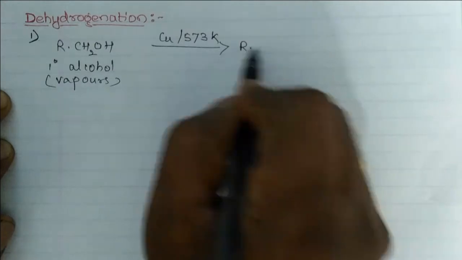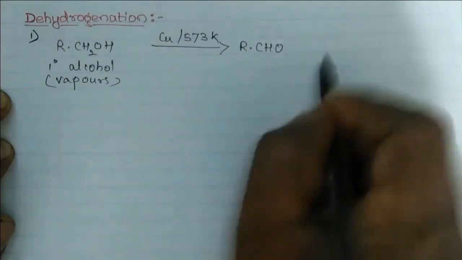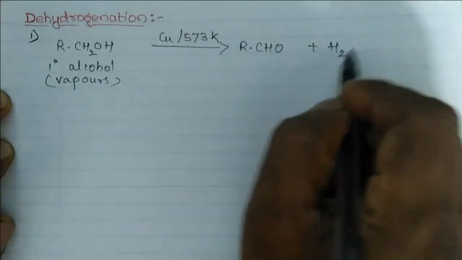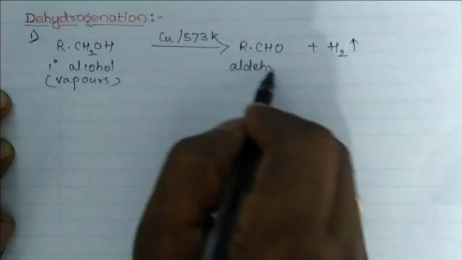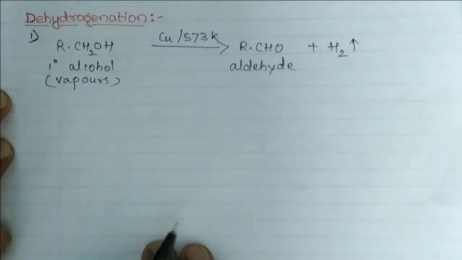You are going to get aldehydes, RCHO, plus a molecule of hydrogen eliminated. This reaction is known as dehydrogenation.